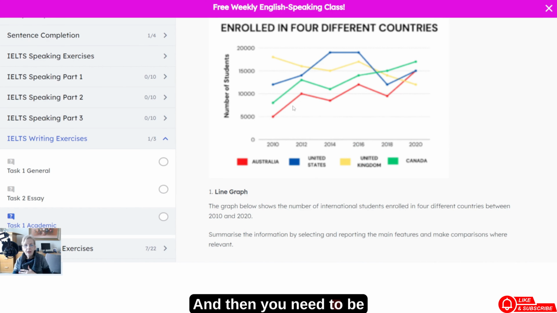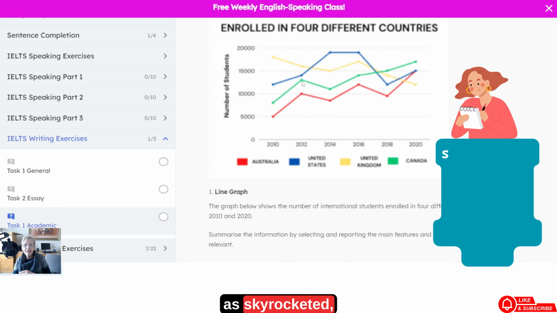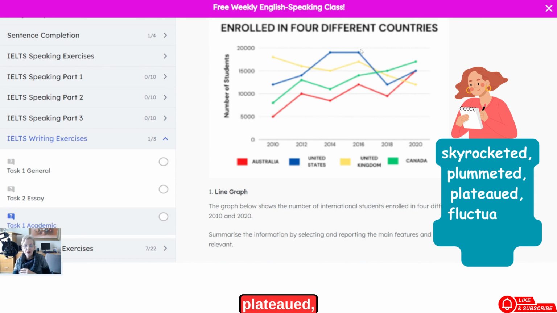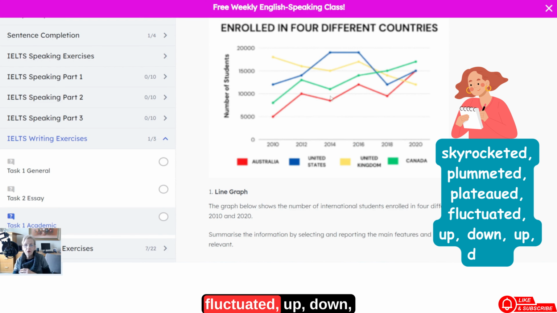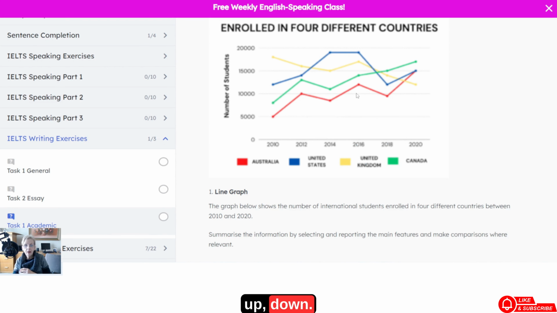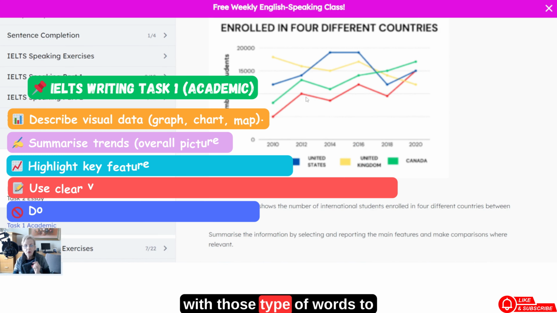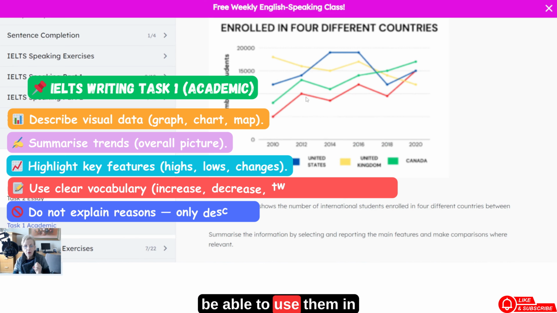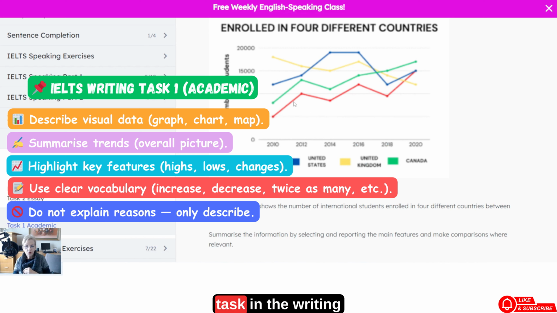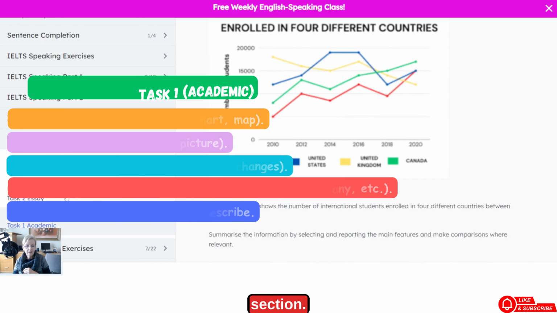And then you need to be able to describe trends with words such as skyrocketed, plummeted, plateaued, fluctuated, up, down, up, down. So you need to make yourself familiar with those type of words to be able to use them in your essay. And that is the first task in the writing section.